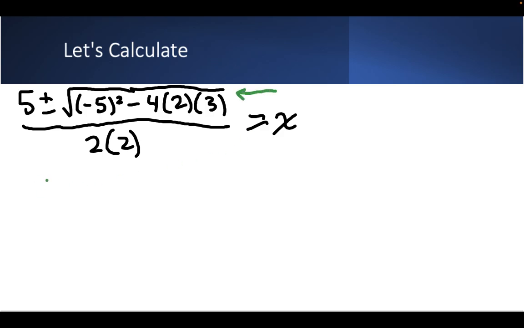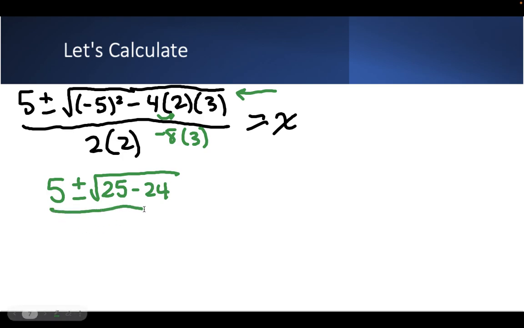So here, we can start simplifying our square root. We got 5 plus or minus the square root of 25. 5 squared is 25, and since we got the negative, it cancels out because when we multiply negative 5 and negative 5, we get 25. Then minus 4 times 2, we get negative 8, and then negative 8 multiplied by 3, we get minus 24.